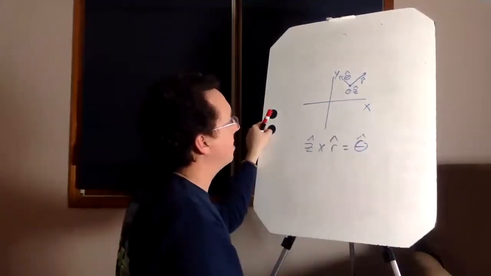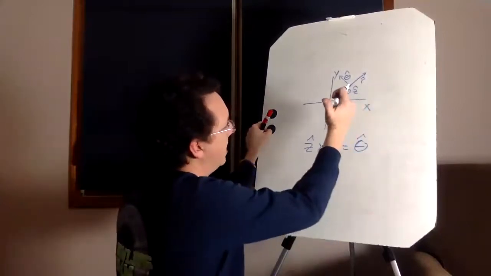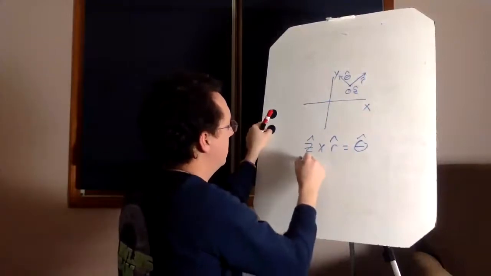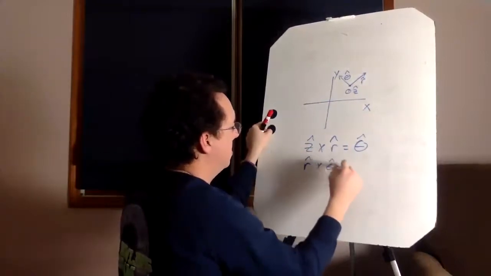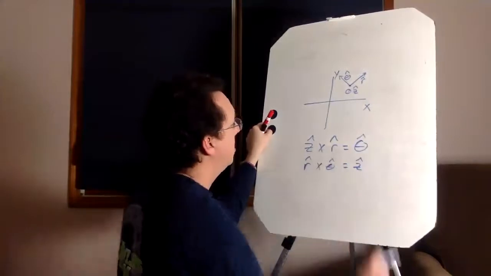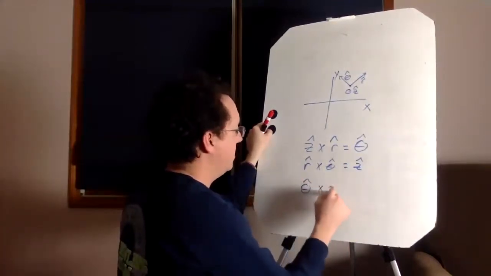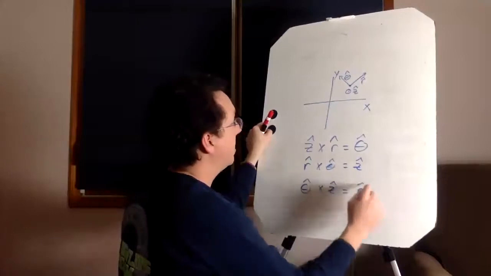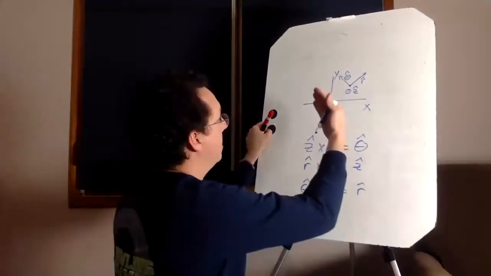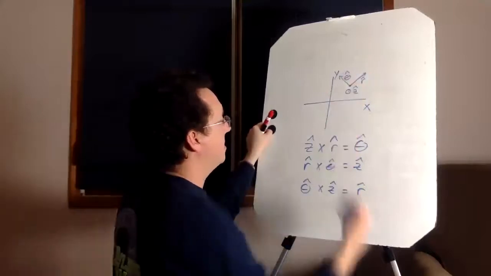Just picture it and work it out. R hat cross theta hat is z hat. And then it turns out theta hat cross z hat is r hat. Let's check that out. Theta hat cross z hat is r hat.